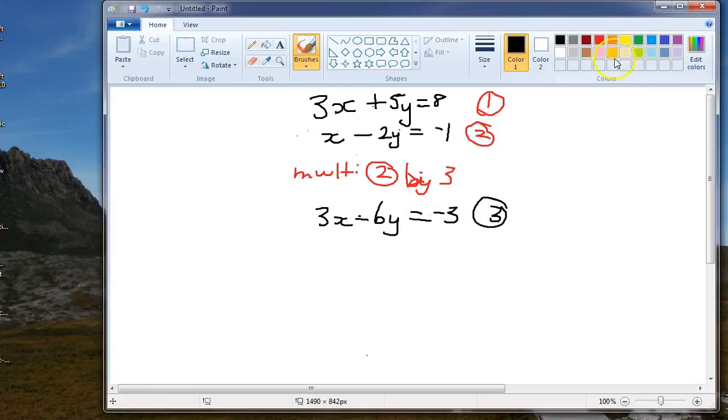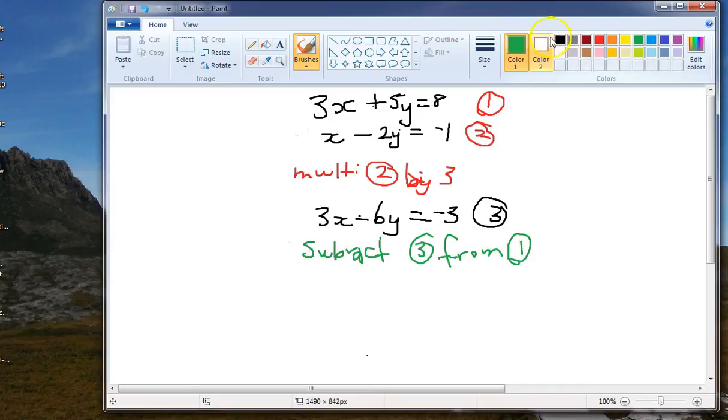So our second instruction is going to be subtract 3 from 1.